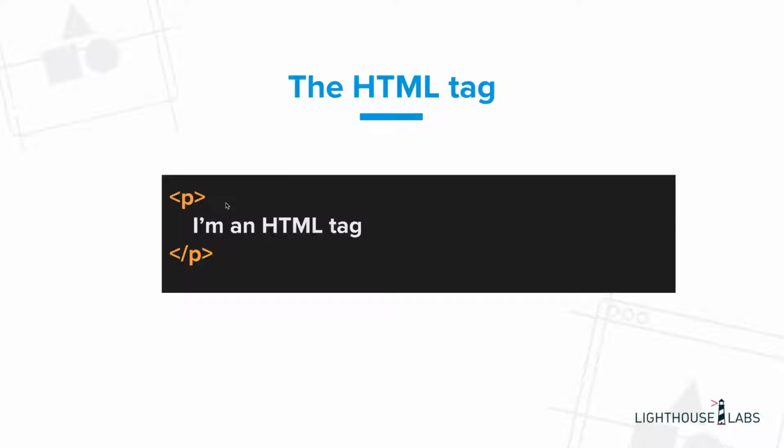It won't work if it doesn't have the slash. There's lots of different types of HTML tags. There are so many. Don't feel like you have to memorize them all because nobody does. That's what Google's for. But there are some common ones that we'll go through that are going to be really useful for you.